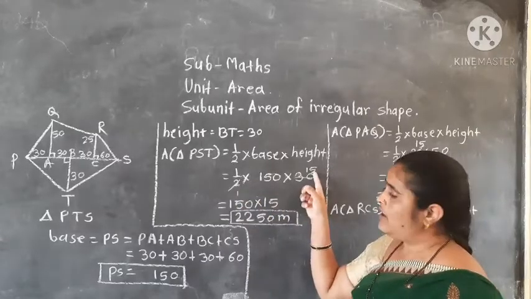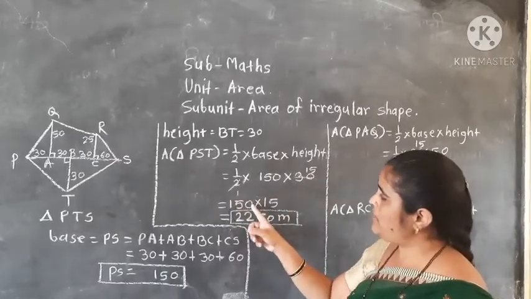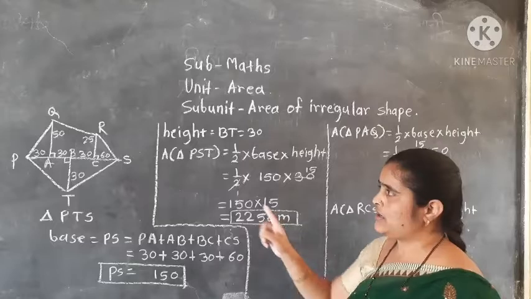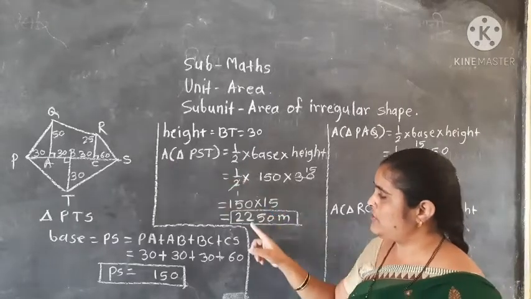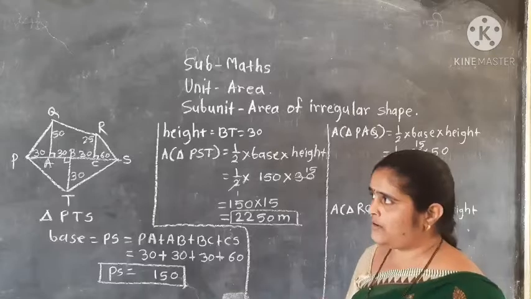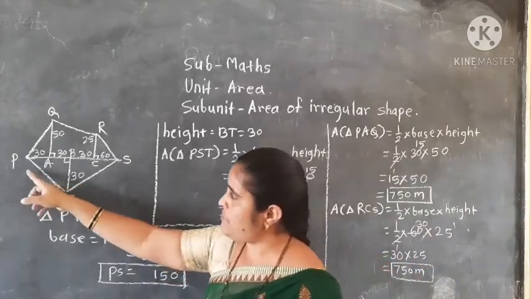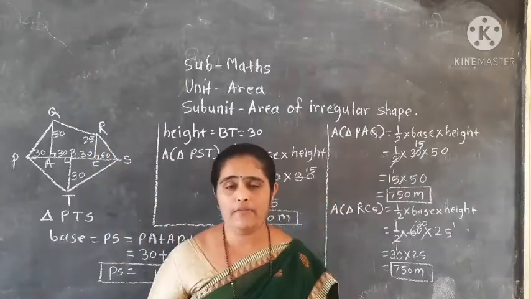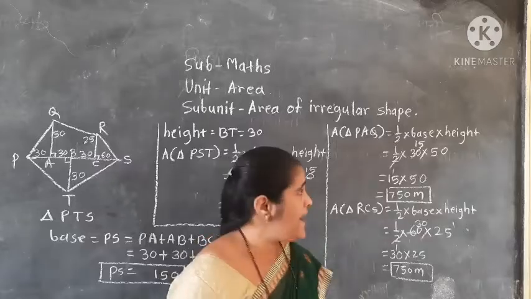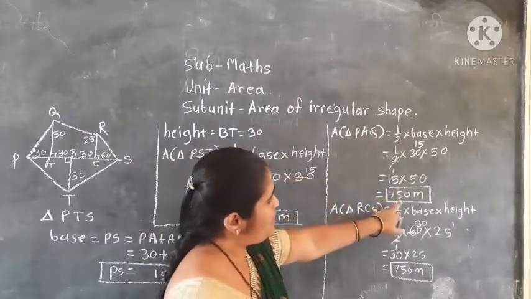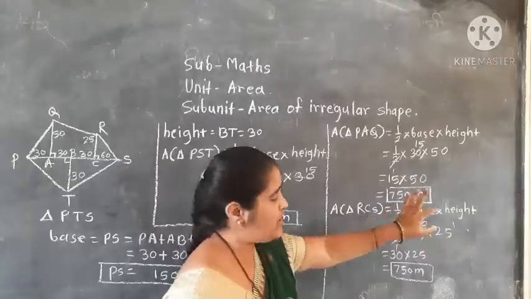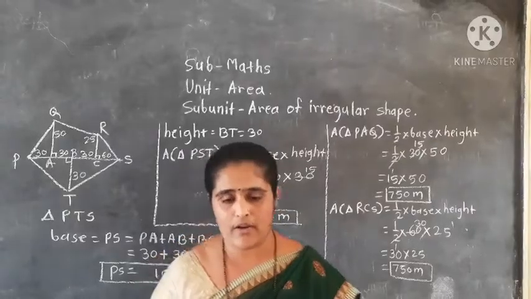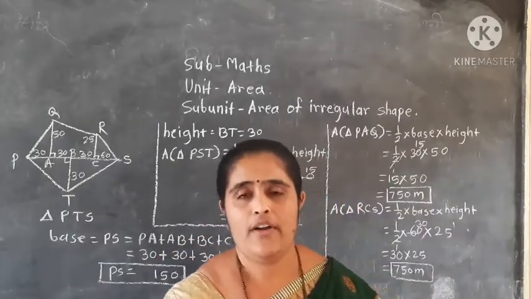Answer is 15. Remaining values are 150 into 15. Answer will be 2250 meter. Area of triangle PST is equal to 2250 meter. After that we calculate the area of triangle PAQ and RCS by using 1/2 into base into height. Area of triangle PAQ is equal to 750 meter and area of triangle RCS is equal to 750 meter. Okay, let's calculate the area of the trapezium.